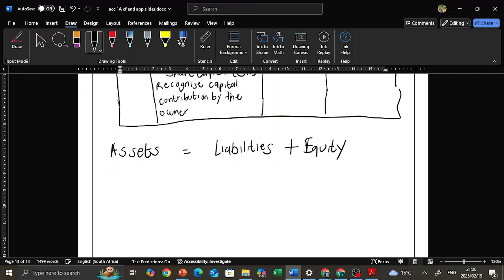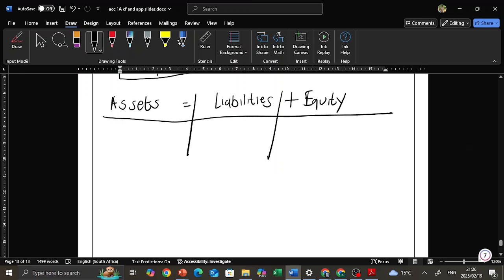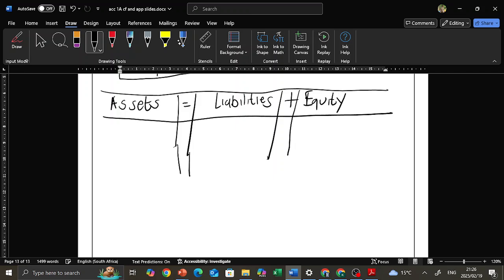You don't have to write the plus and the equal signs. I'm just writing that for teaching purposes, but it would be nice of you to do so.